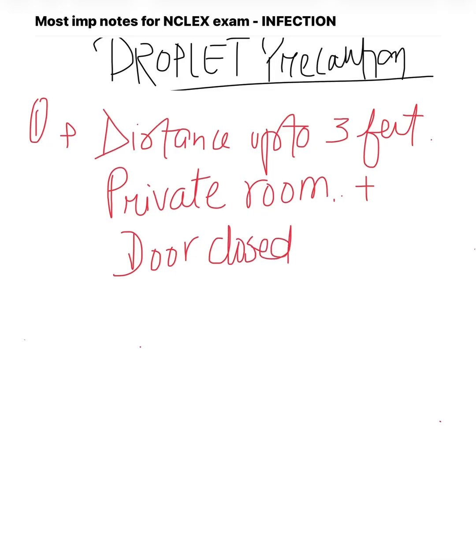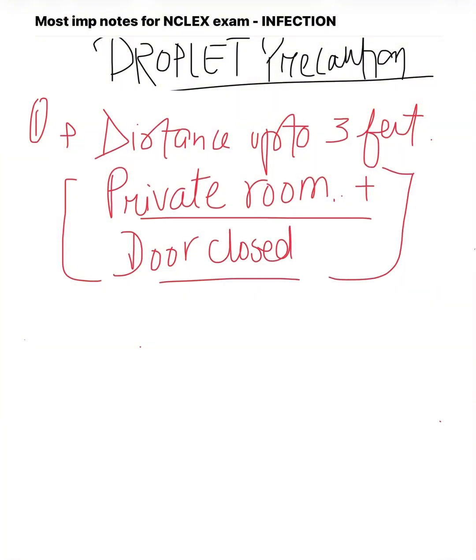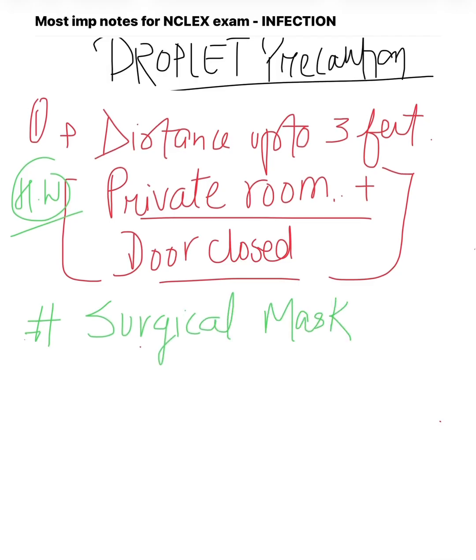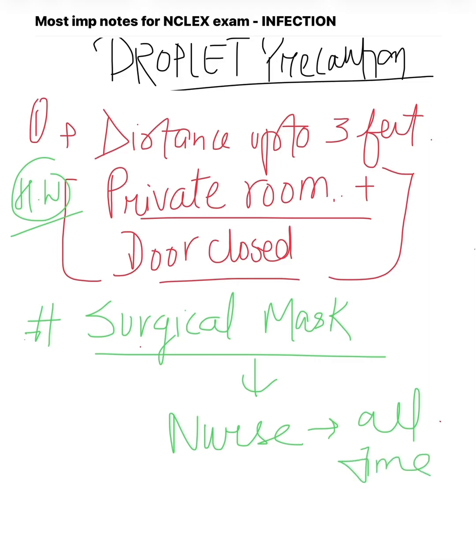In droplet precautions, there is a private room and door closed. Strict hand washing. Hand washing is the first one. So you have to do strict hand washing, and important is surgical mask, for the nurse, all the time. In droplet precautions, you have to use a surgical mask.